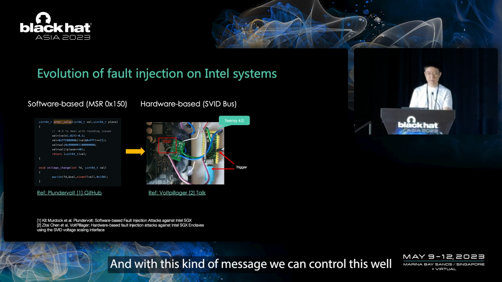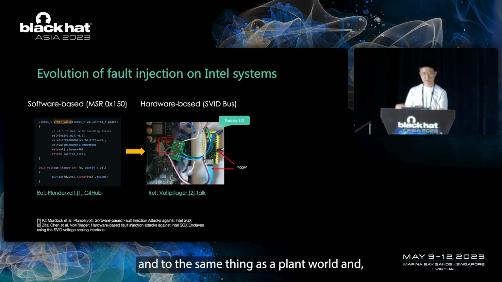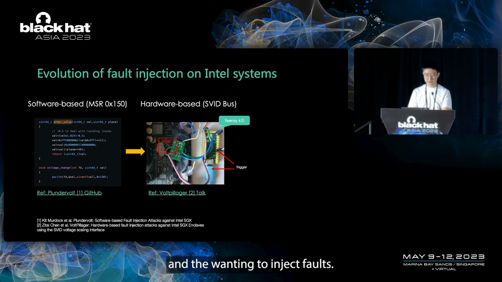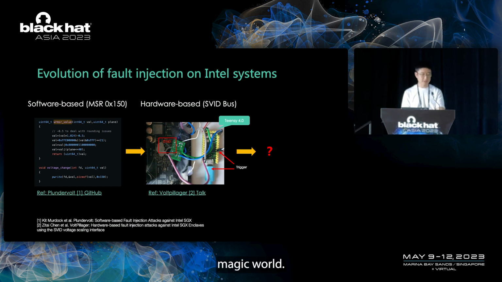With this method, we can control the voltage regulator through this interface and change the voltage and do the same thing as Plundervolt, undervolting to inject faults. Both of these attacks were done on desktop motherboards.